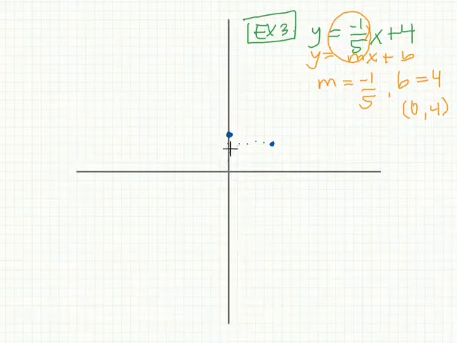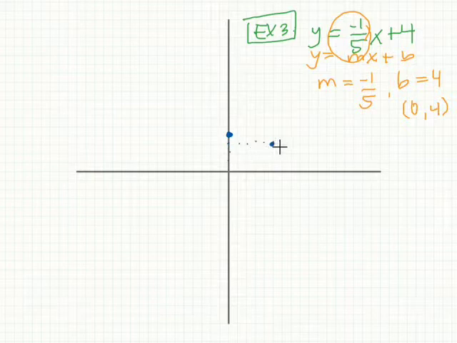Well, I just went down and right. The opposite directions would be to go up and left. So rather than going down 1, right 5, I'm going to start at my y-intercept again, and I'm going to go up 1, and then to the left 5. 1, 2, 3, 4, 5.